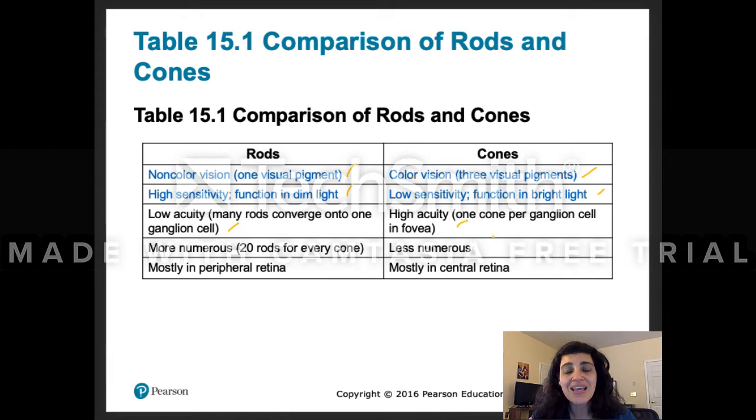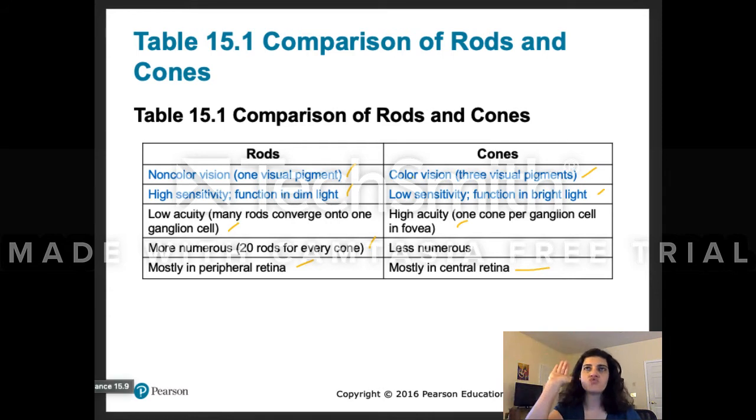So cones have high acuity because one cone connects to one ganglion cell in the fovea. And rods, you have many rods connecting to one ganglion cell. You have 20 rods for every cone in your eye. So less cones, but they're more accurate, right? And you have mostly rods in the peripheral retina and cones in the central retina.